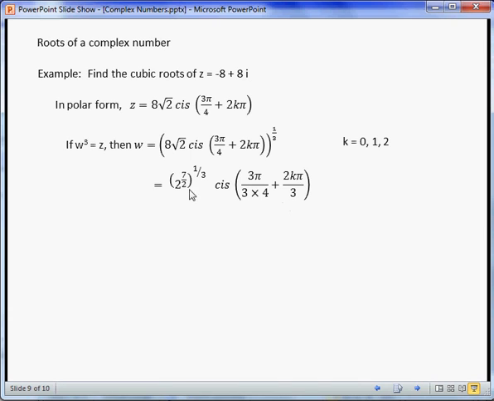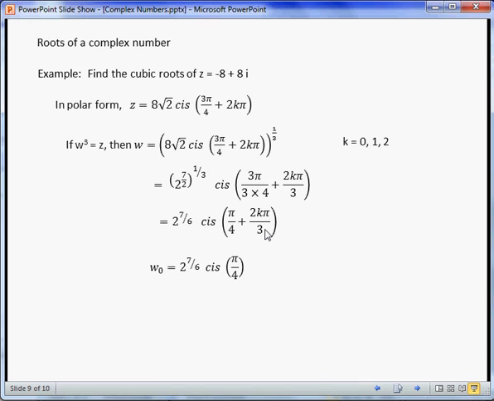Let's see what happens with the theta there. I just wrote, instead of 8 root 2, I wrote 2 to the power of 7 on 2, just to make it a bit easier for myself. Okay, so we get 2 to the power of 7 on 6, cis pi on 4 plus 2k pi on 3. And that's my answer.